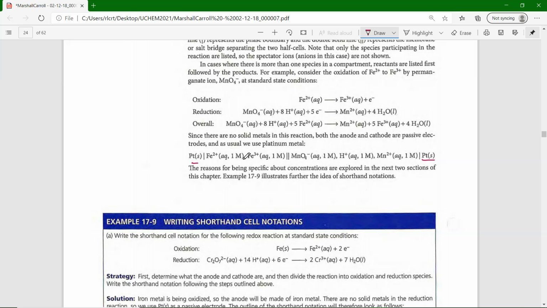I have a little comma there between them, reactant first and then product. Then the salt bridge represented by the double vertical lines. And then in the reduction, I got the MnO4-, H+, and an Mn2+. Typically, you don't put in the liquid water.